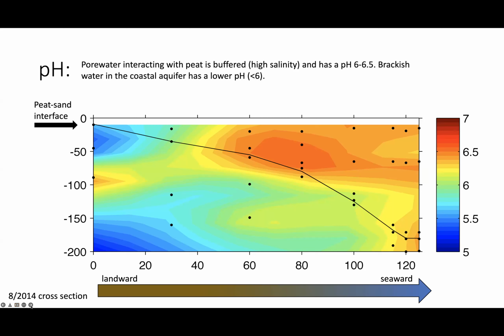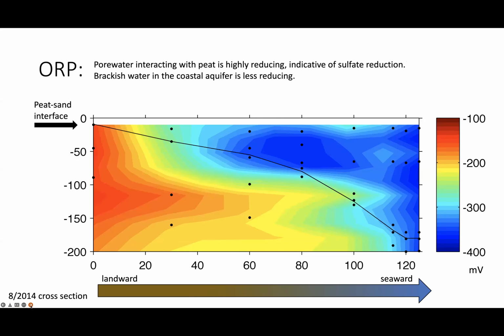It's highly reducing. So this is ORP. None of these values are above 0. So the entire system is reducing, but it's highly reducing within the peat. Those values are negative 400. It's a very qualitative measure. We don't use this to indicate exactly what reaction is going on, but we know it's sulfate reduction.